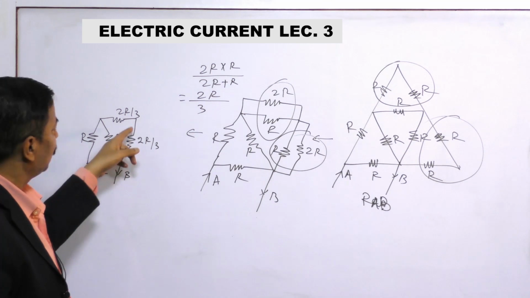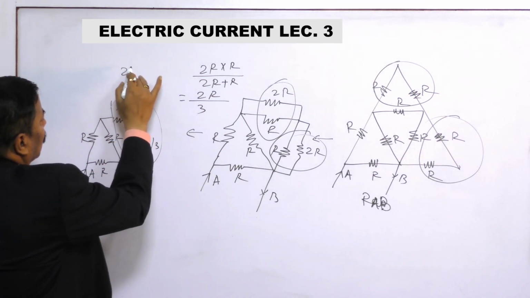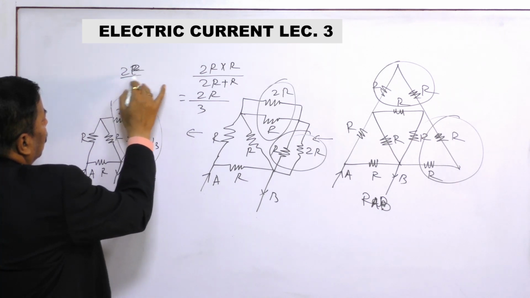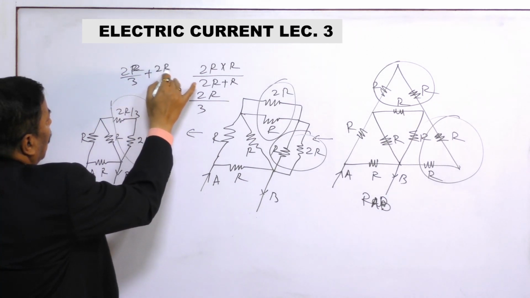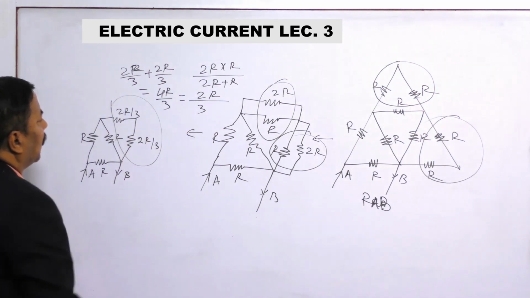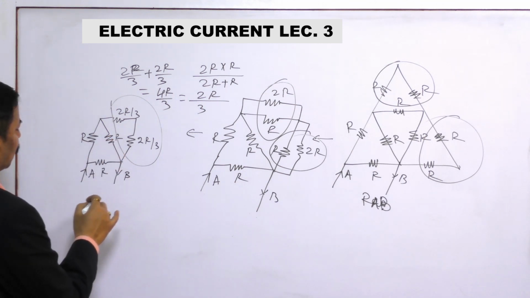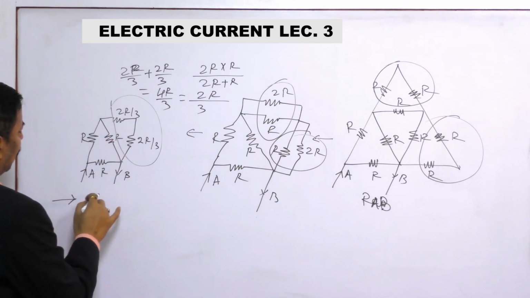Now these are in series. So what do we get? 2R by 3 plus 2R by 3, that is 4R by 3. So this can be replaced by 4R by 3. So the next diagram will be in this way.